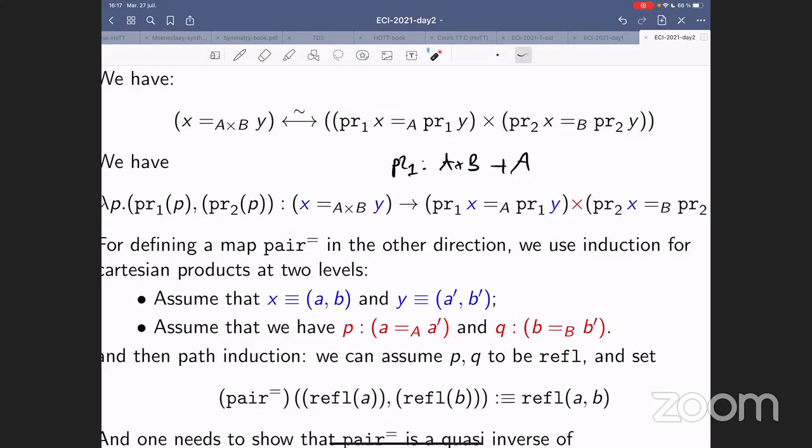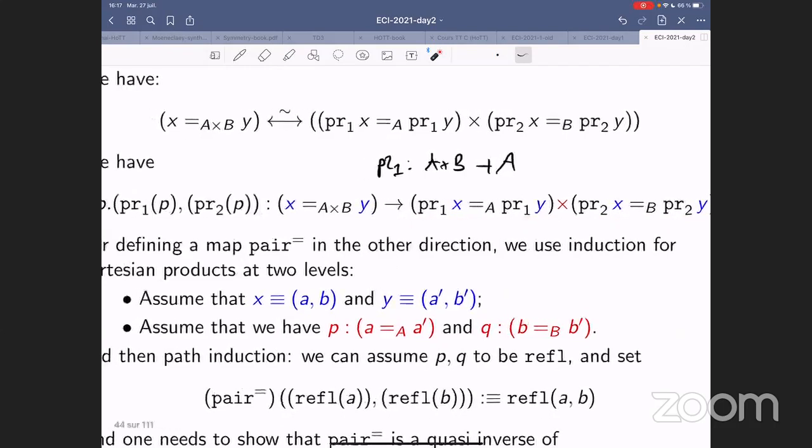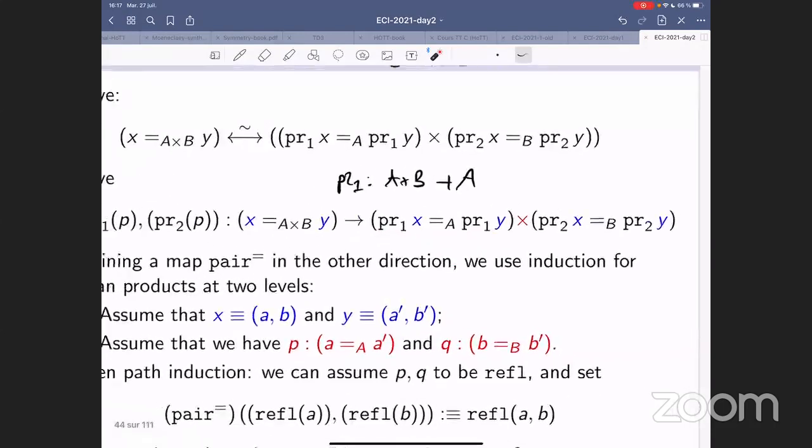So by induction on products, it is safe to assume that X is an explicit pair (a, b) and Y is an explicit pair (a', b'). Now the red code, because here I also have a product, we can safely assume that an element in this type consists of a pair of a proof P of this and Q of this.